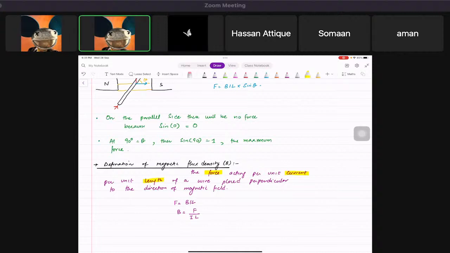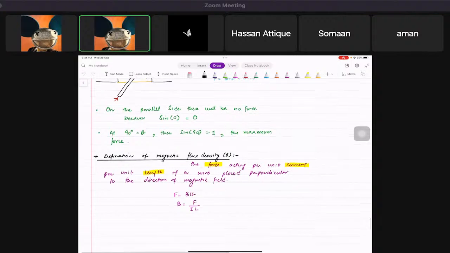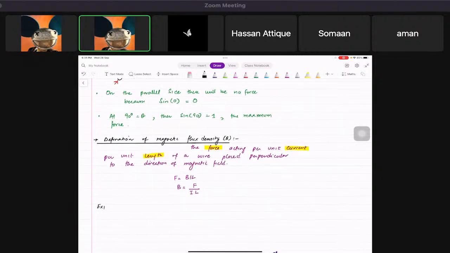So now we would be basically doing an experiment. Please write: experiment, which is called current balance experiment.